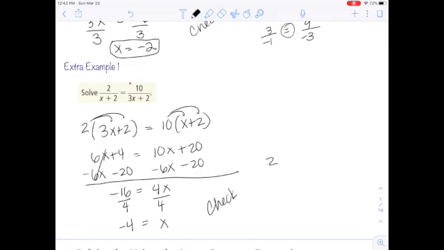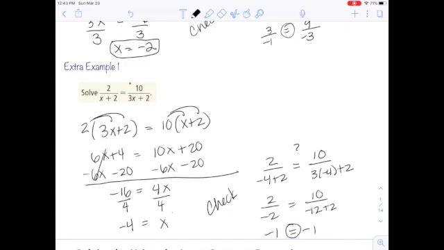And do a double check. 2 divided by -4 plus 2, does that equal 10 divided by 3 times -4 plus 2? So 2 over -2, is that equal to 10 divided by -12 plus 2? So 2 over -2 is -1, equal to -12 plus 2 is -10, so a -1.